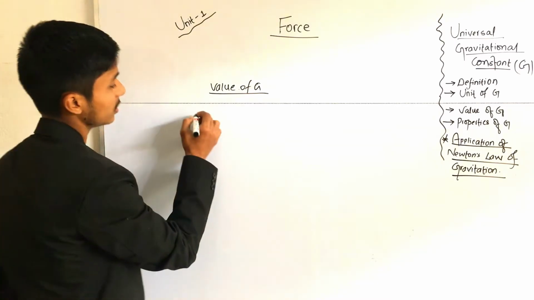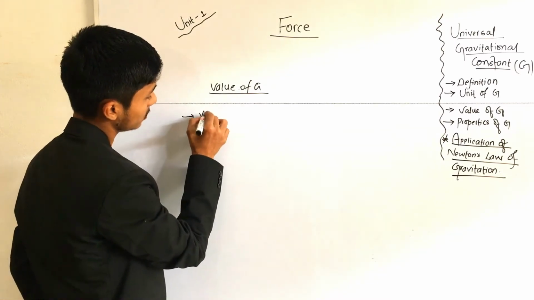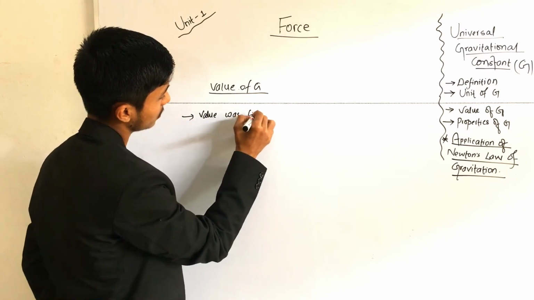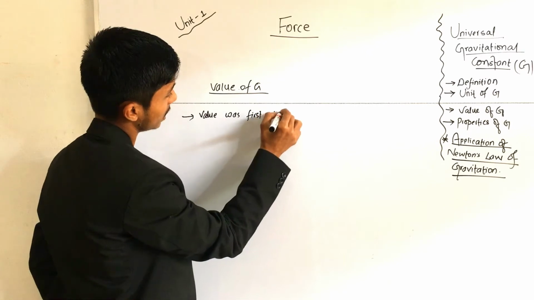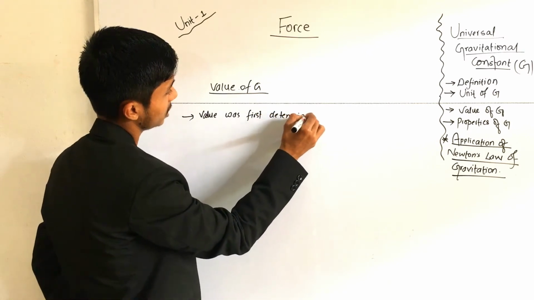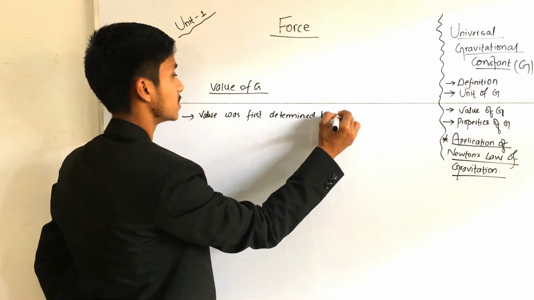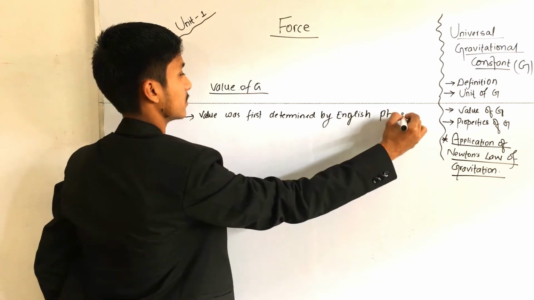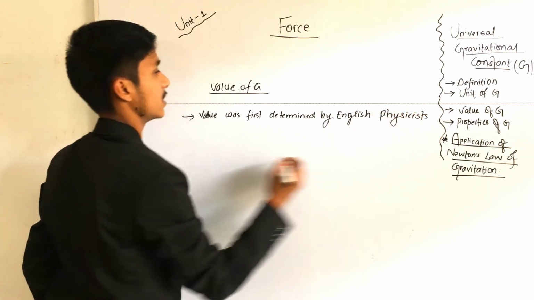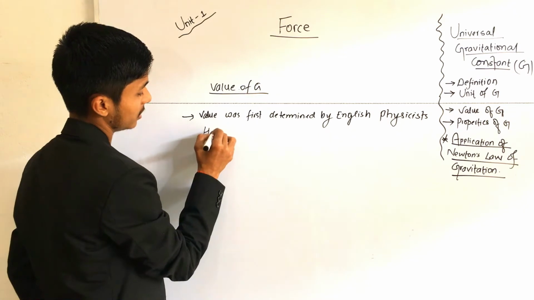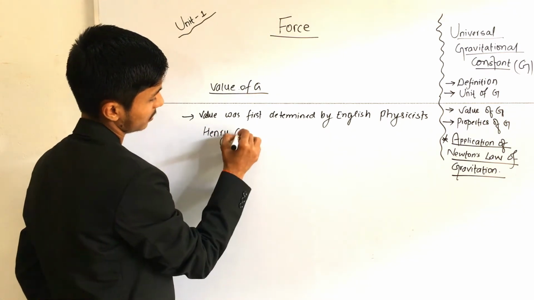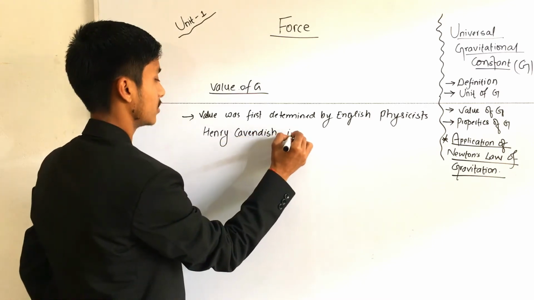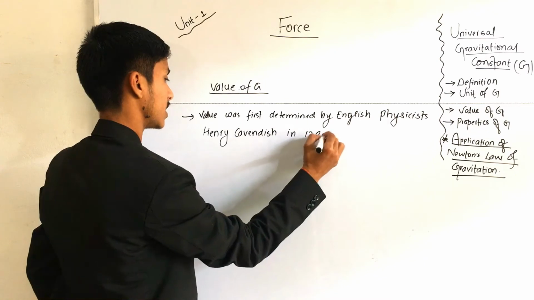So we write here: the value was first determined by the English physicist Henry Cavendish in 1798.